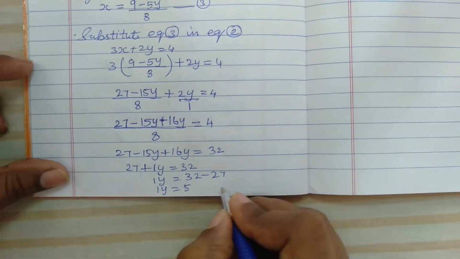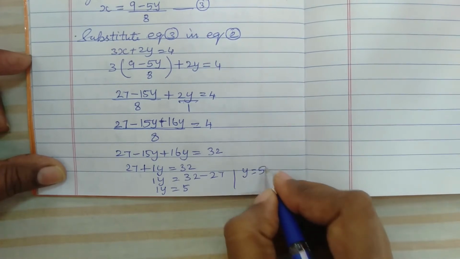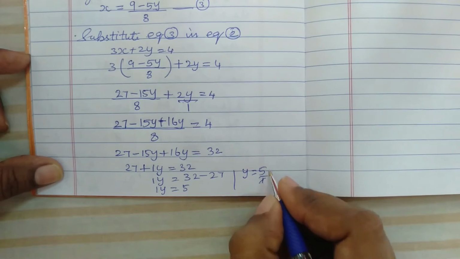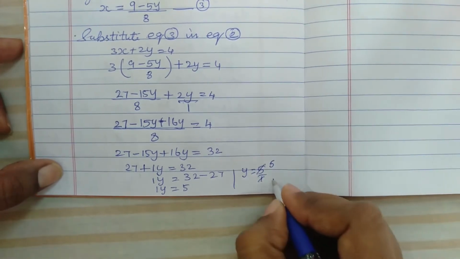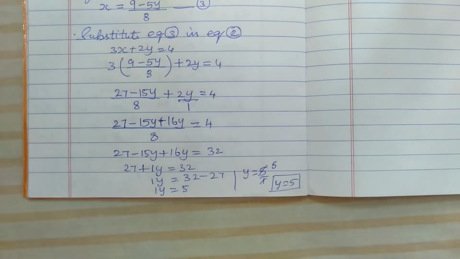So now y is equal to 5 divided by 1. The 1 is moved here, so it becomes a divisor. Now we can cancel, so y is equal to 5. This is your value for y.